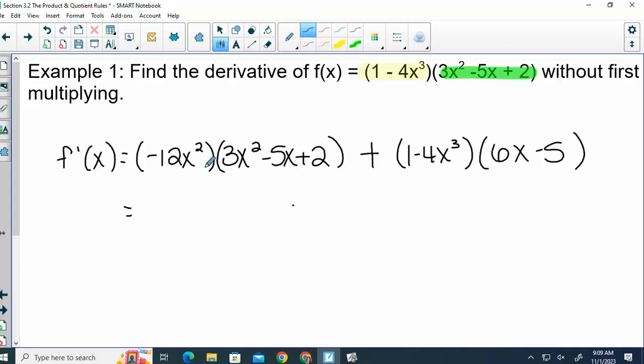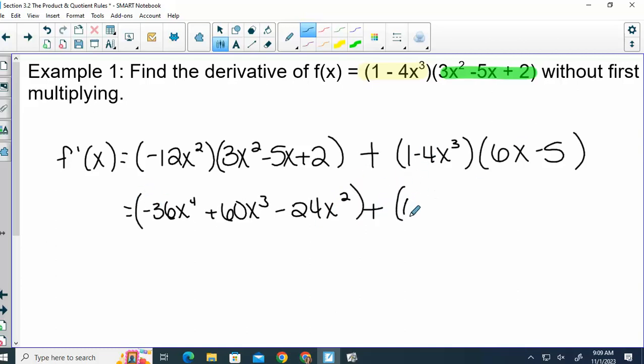Okay. So if I distribute, we get a negative 36x to the fourth plus 60x cubed minus 24x squared. And then this one we have to FOIL, so we get 6x minus 5 minus 24x to the fourth plus 20x cubed.